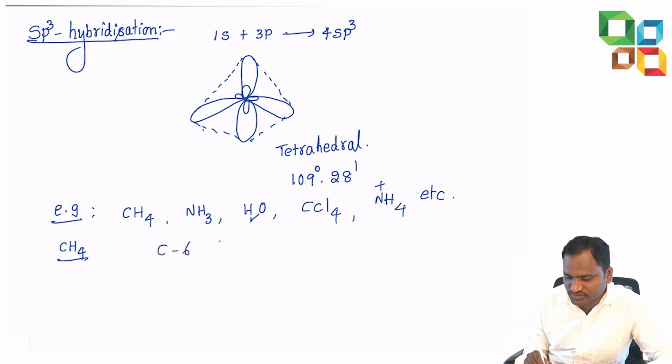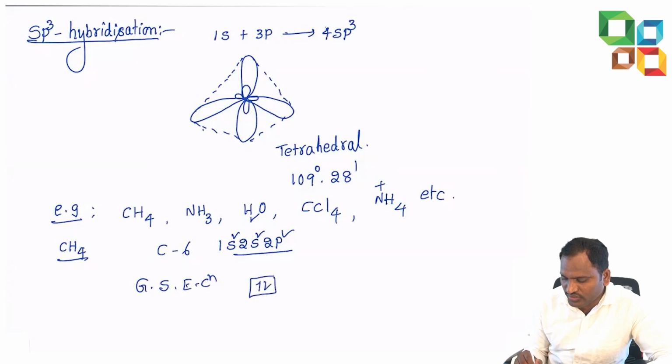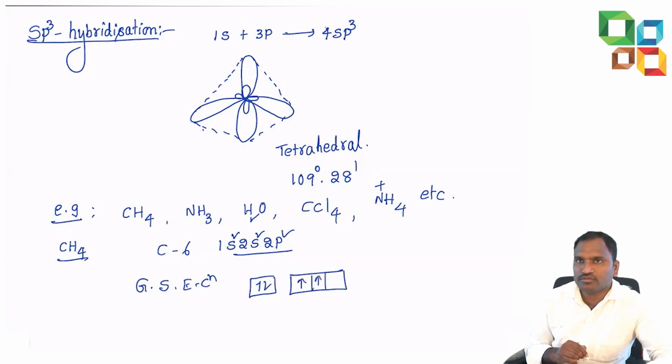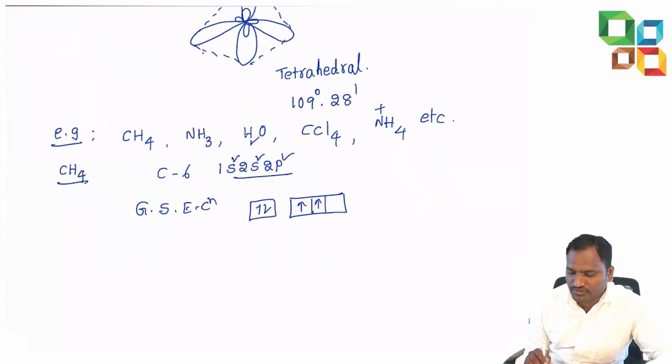Atomic number 6. 1s2, 2s2, 2p2. So can you tell the ground state electronic configuration? In 2s there are 2 electrons. In 2p there are 2 electrons, arranged in different orbitals.